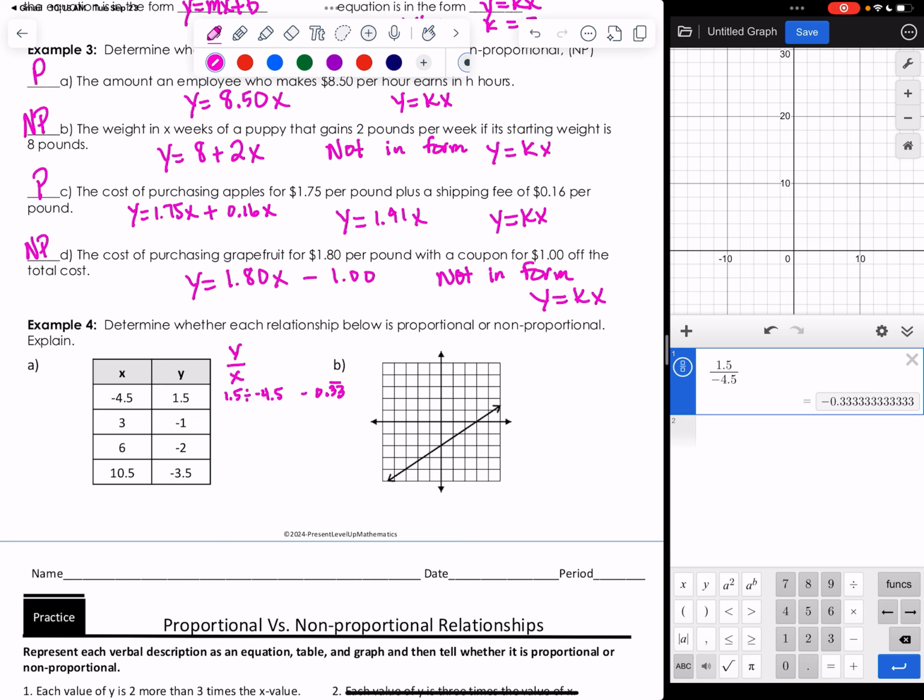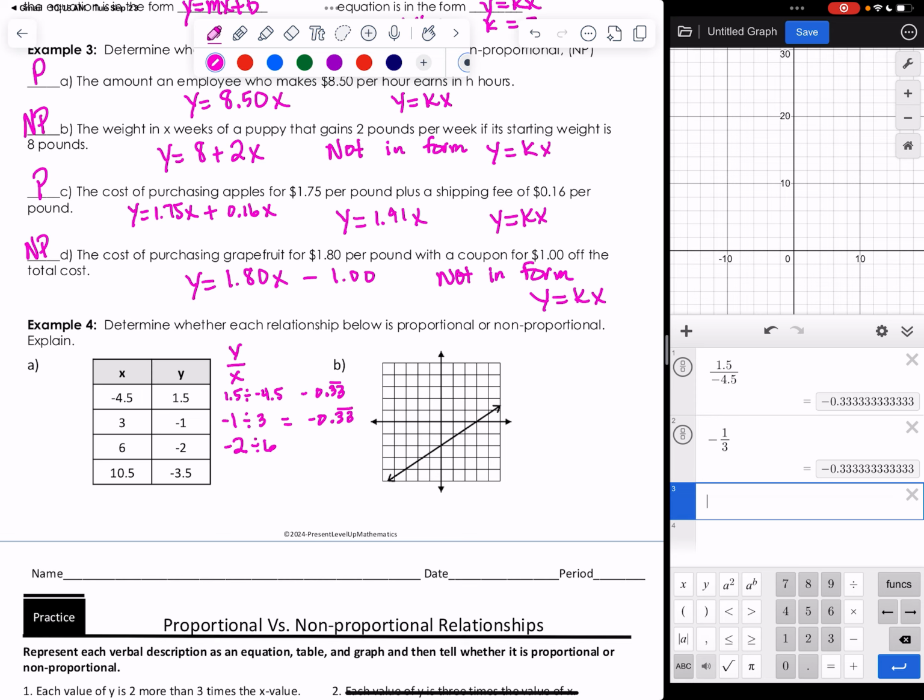All right, let's try the next one. Negative 1 divided by 3. So let's check that. Negative 1 divided by 3. Ooh, this is looking promising. Let's keep it going. Negative 2 divided by 6.